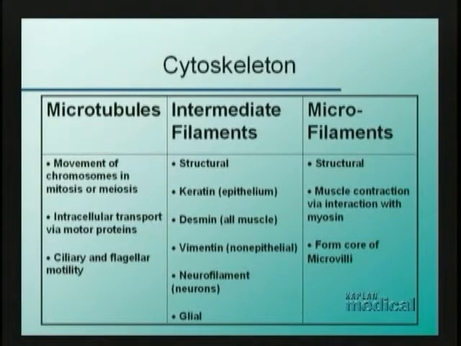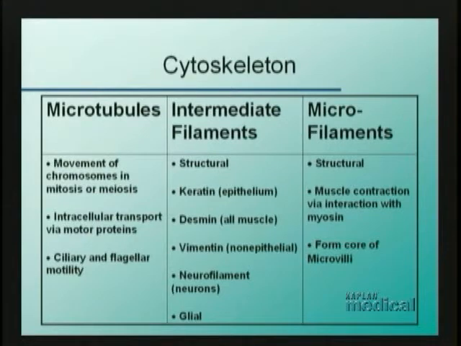And as we'll see, microtubules are involved in movement of chromosomes because they form the mitotic spindle in dividing cells, regardless of whether they're undergoing mitosis or meiosis. They're involved in intracellular transport, and they provide the mechanism to convey motility to true cilia and flagella.